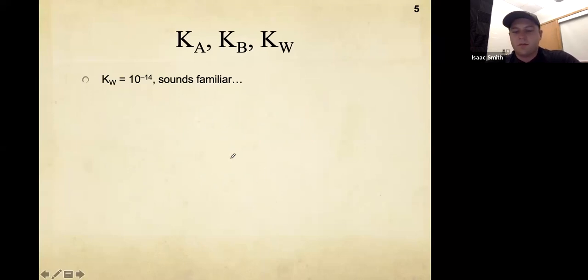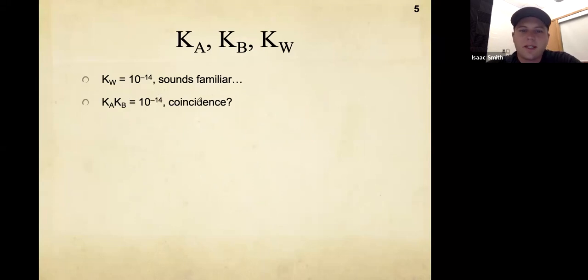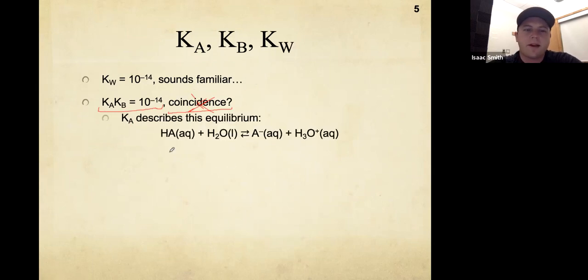Before, we said that Ka times Kb equals 10 to the negative 14, right? Is it just a coincidence that that's the same number? No, we're going to go over why this is true. Before, I just told you this to get you by for that third exam. We're going to talk about why here.